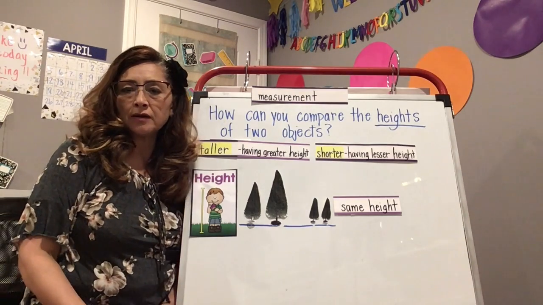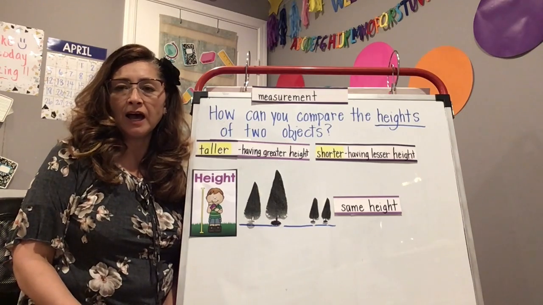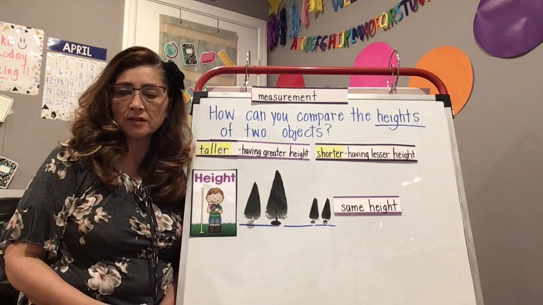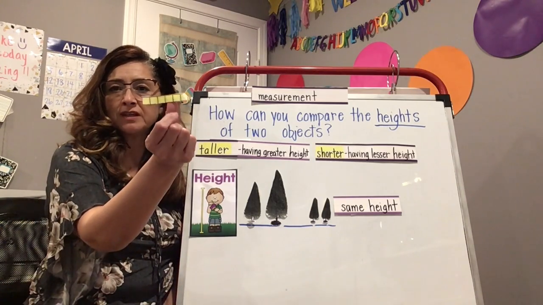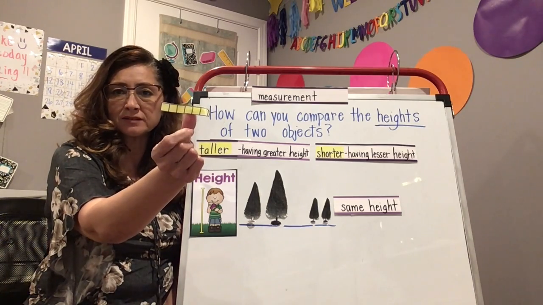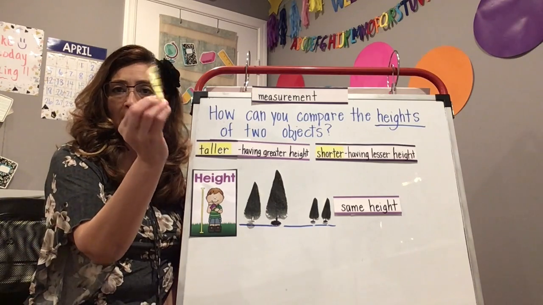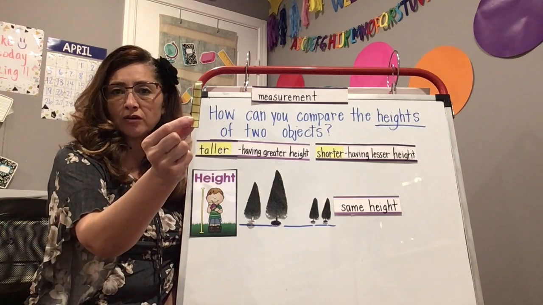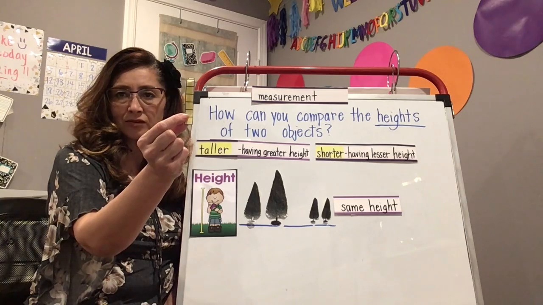Now let's measure or compare the heights of some cube towers. Remember, we used cubes going across like this, and we call them cube trains. Now we're going to talk about cube towers. So now your cubes are going to be facing top to bottom like this, okay?